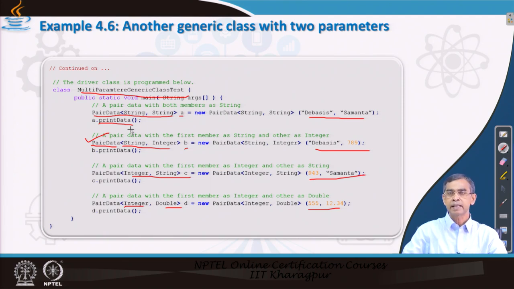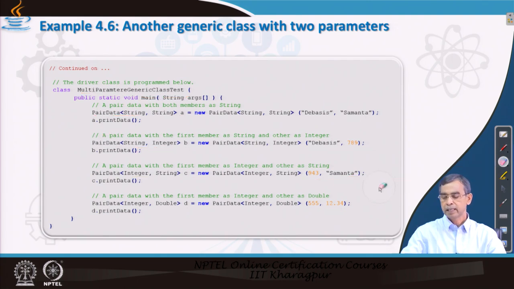So, this is a great example of the way a generic class strongly supports any type of objects generically and, more significantly, dynamically. So, this way the generic class with two parameters, as we have explained here, works for us.